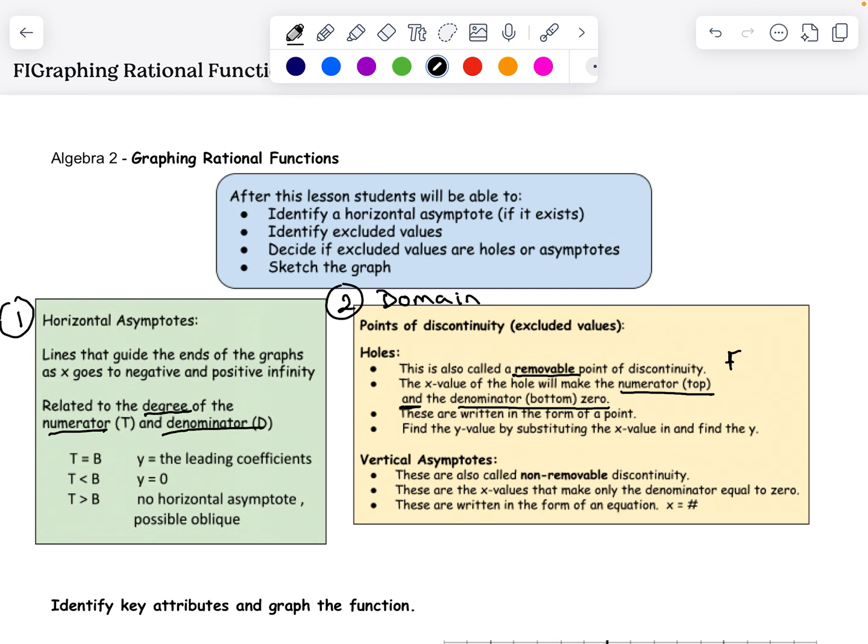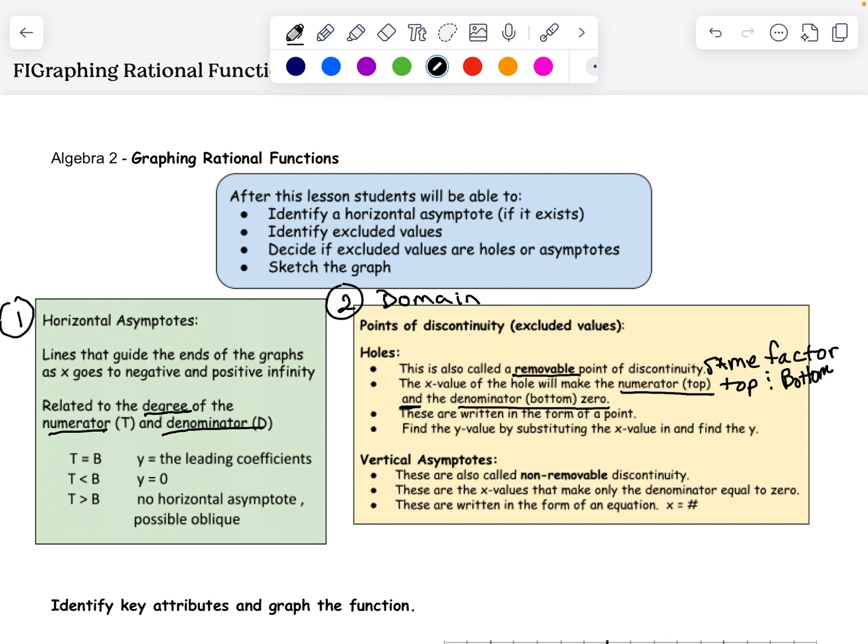You can write that down: same factor on top and bottom.